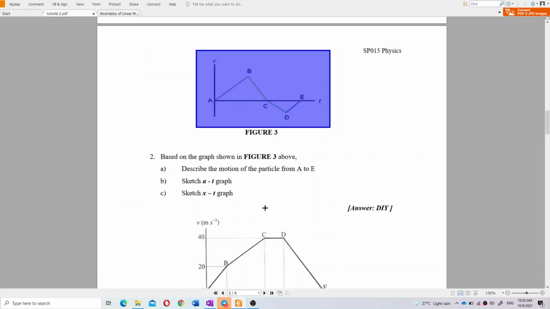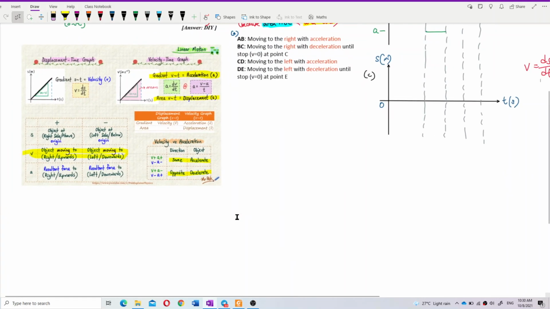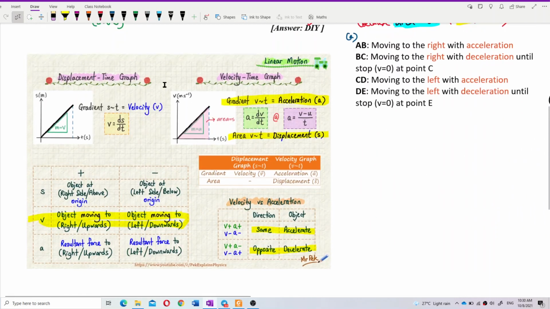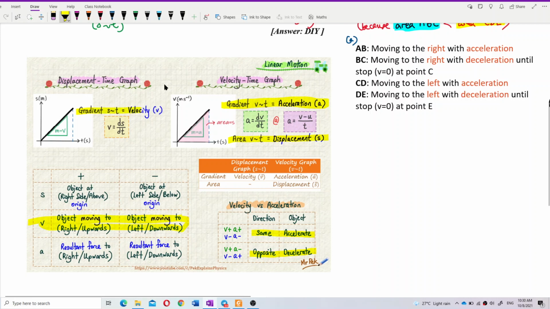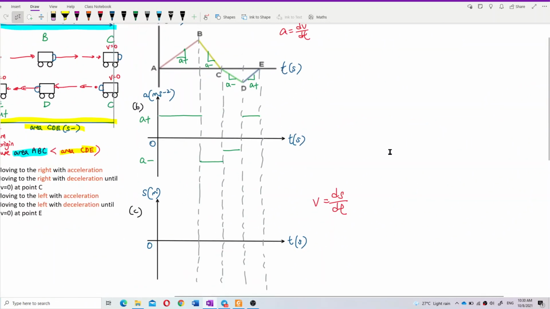Look at this, here in my notes. You must know this. Everything is in one notes. The gradient of the displacement time graph is velocity. So how to draw this?